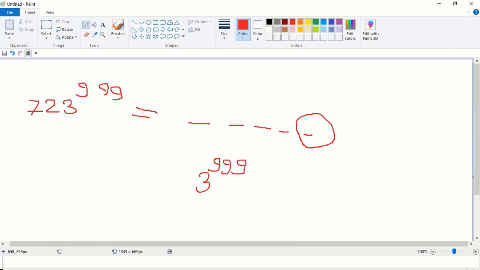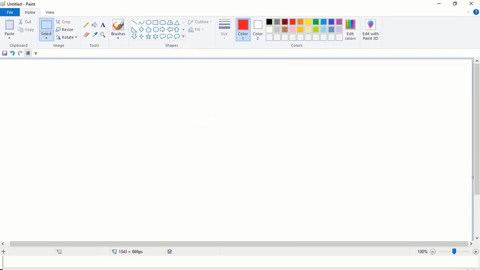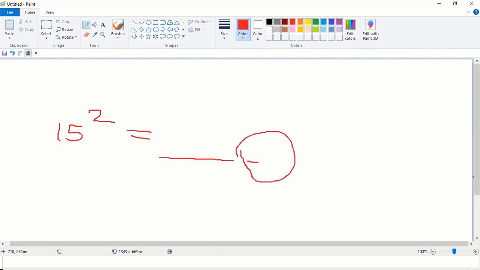Let me take one simple example. Let's take 15 power 2. Then whatever the answer is, that answer's last digit will depend on 5 squared, which is 25. So here the last digit will be 5.